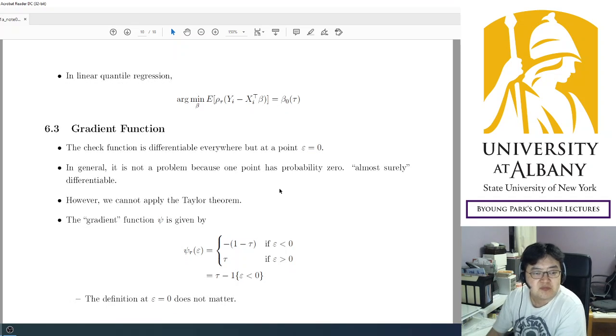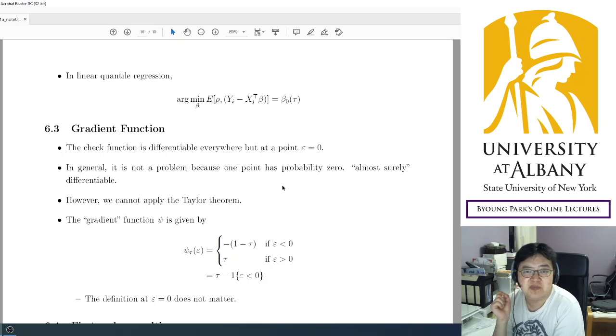So the main problem here is that Taylor's theorem does not work. Taylor's theorem is not working anymore, so the previous asymptotic normality theory breaks down. However, in the end, we have almost the same result as before, but the proof must be different.